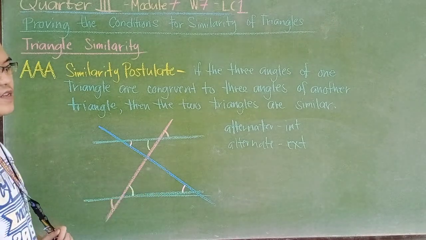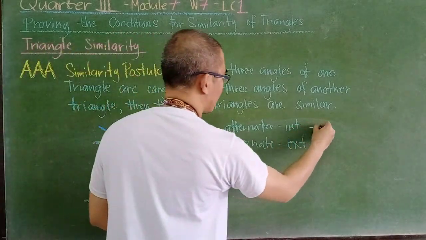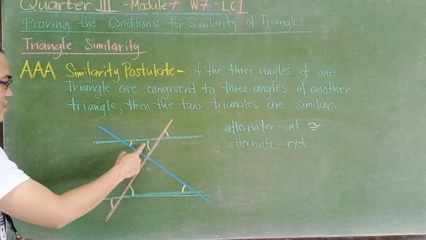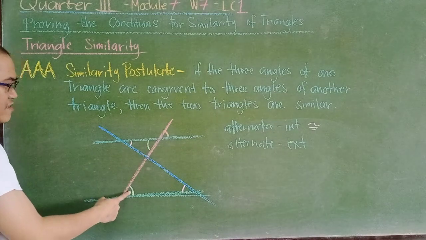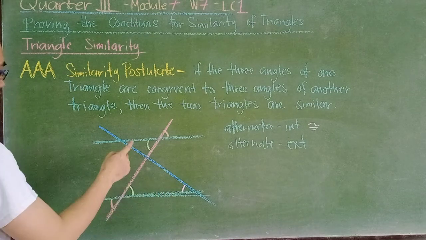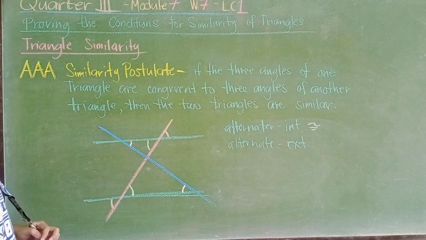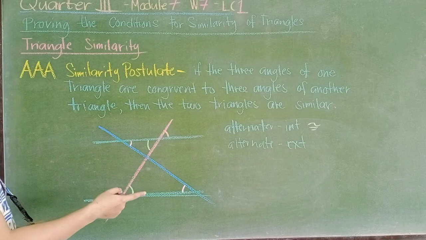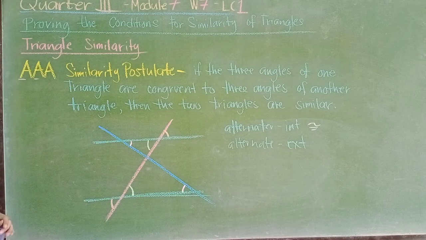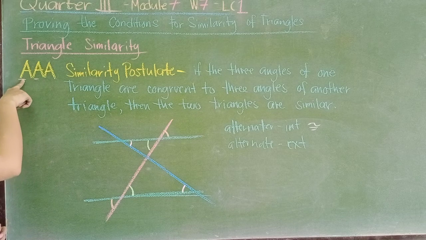Alternate interior sila. So yung mga alternate interior, mga congruent or parehas ang sukat. So parehas ang sukat nito, at saka parehas ang sukat niyan, parehas ang sukat nito, and then parehas din yung sukat niyan. So meron ka ng dalawang parehas ng angle na congruent, parehas yung mga sukat. So meron ka ng dalawang proof doon sa unang dalawang angle natin.